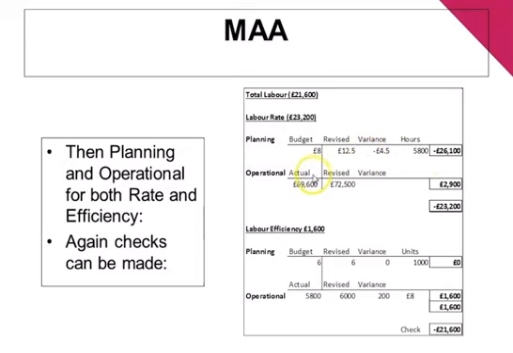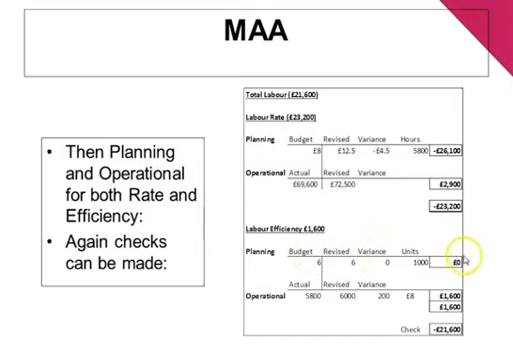Now in terms of what actually happened, we did save slightly on what we expected, so there's something going on there, maybe again less overtime than we've planned. Alright, so then what happens is, as you can see, the two variances, planning and operational, add to your labour rate variance. And so let's just quickly have a look at our efficiency. So the nice thing is in terms of how long it took us, there was no difference between how long it took to make, which explains potentially the favourable variance.